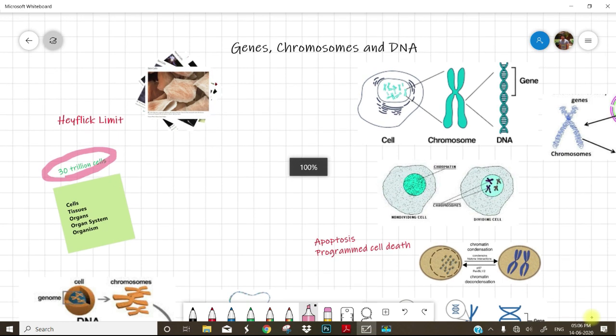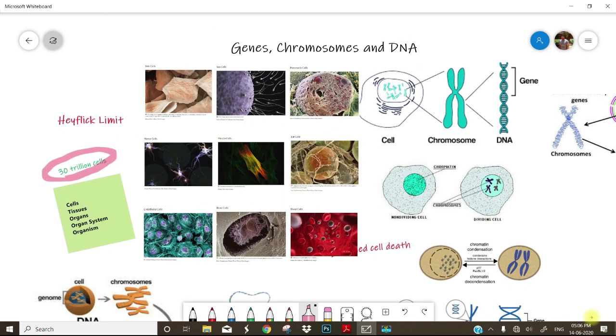You could see the skin cells, sex cells, pancreatic cells, nerve cells, muscle cells, fat cells, endothelial cells, bone cells, and blood cells. And blood cells constitute the majority of the cells seen in a human body.